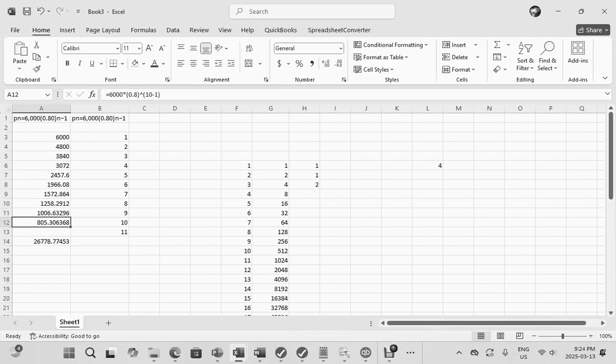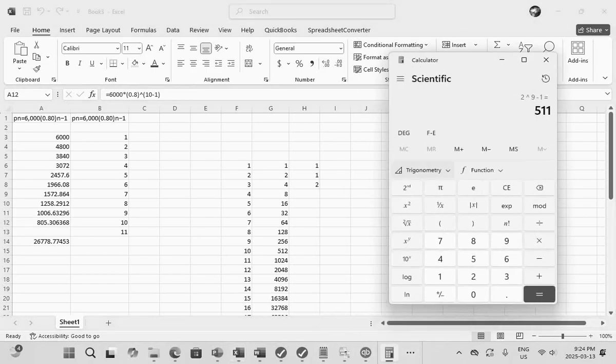The beauty about Excel formulas is that they do the calculation for you, which means you don't need to calculate manually. However, if you were to do this manually, you can use your scientific calculator, and all you have to do is punch in the numbers.